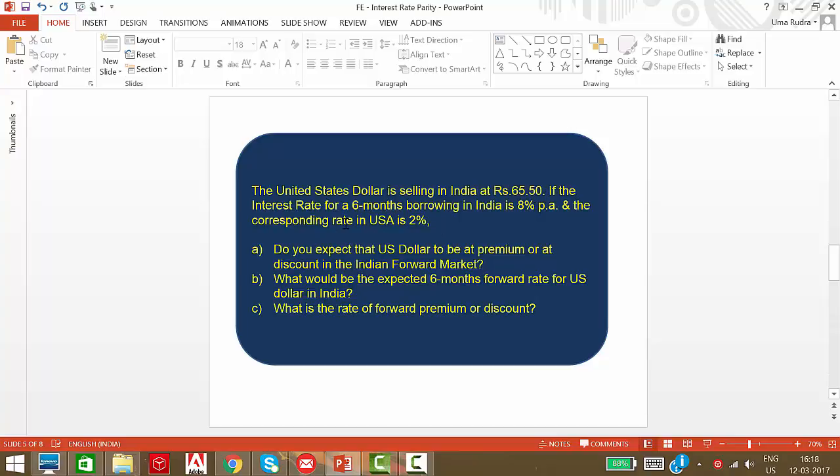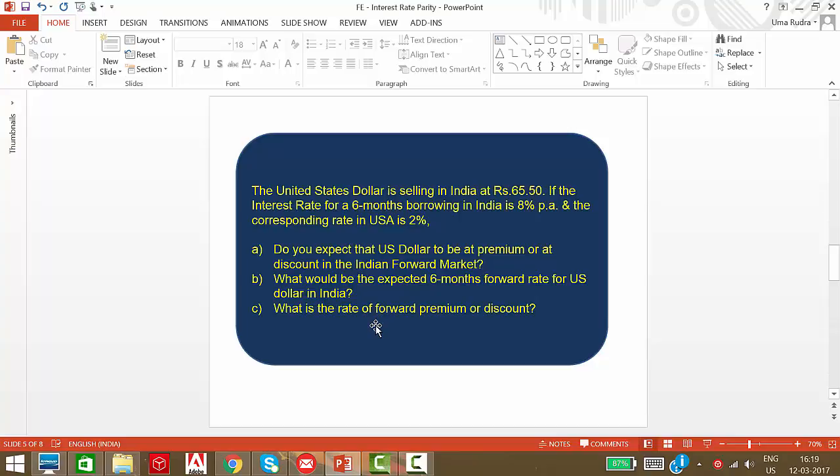If the interest rate for a 6-month borrowing in India is 8% per annum, this interest is given per annum, and the corresponding rate in USA is 2% per annum, do you expect the US dollar to be at premium or at discount in the Indian forward market? And what would be the expected 6-month forward rate for US dollar in India? And what would be the forward premium or discount? So that is the sum.